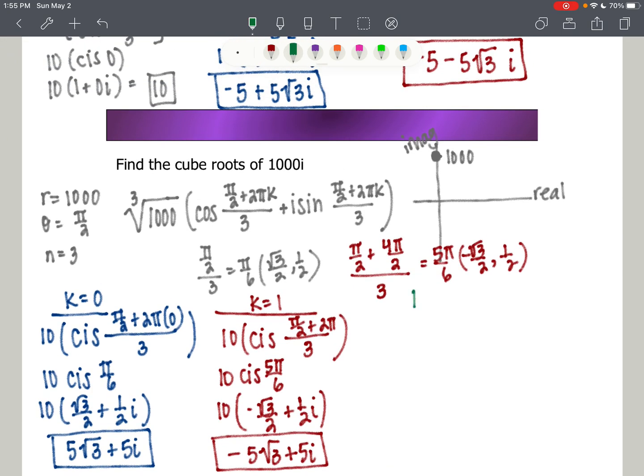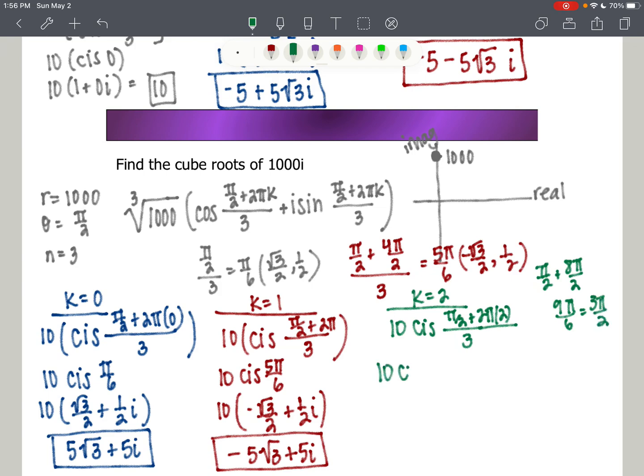And now we need the third one when k equals 2. So 10 cis pi over 2 plus 2 pi times 2, which is 4 pi. So pi over 2 plus 4 pi is 9 pi over 2, which will be 9 pi over 6, and 9 pi over 6 is 3 pi over 2.